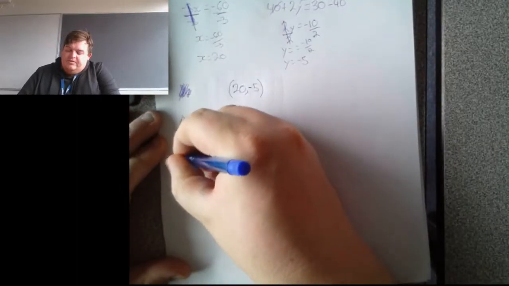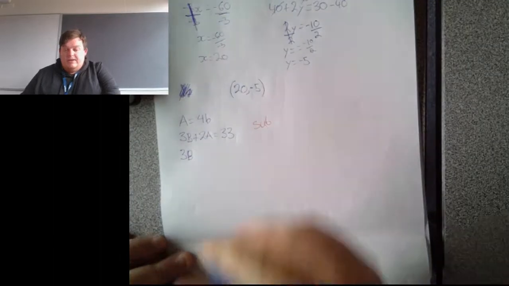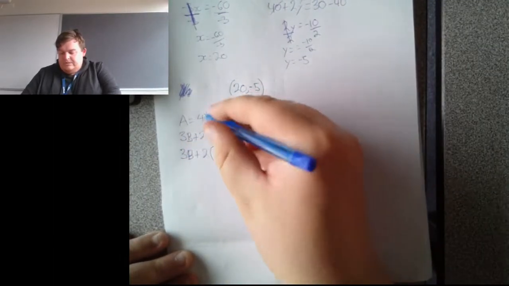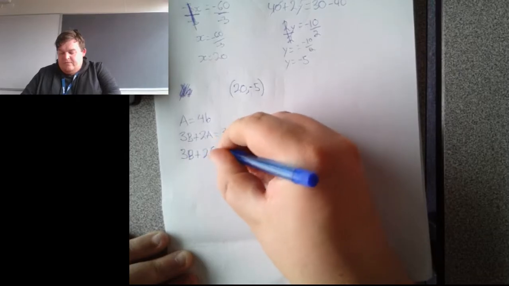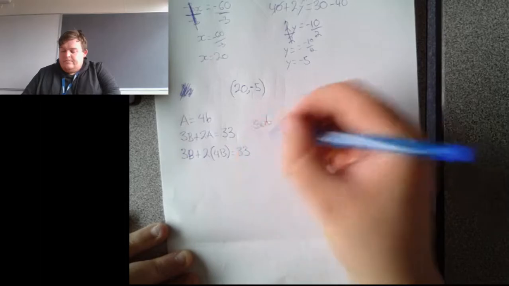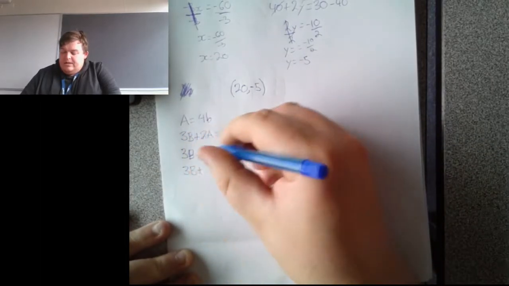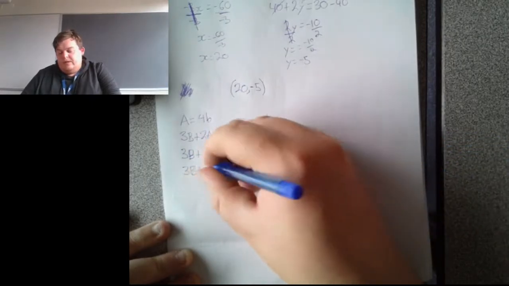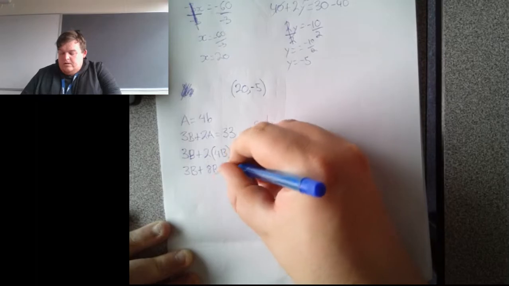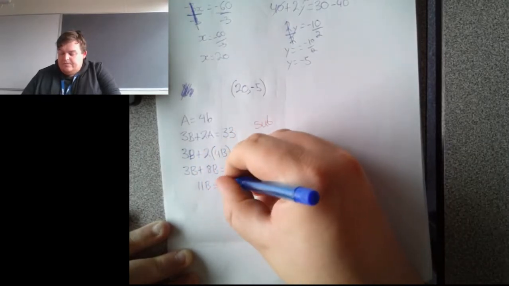So 3b plus 2 times 4b equals 33. 2 times 4b gives me 8b, which means 11b equals 33.